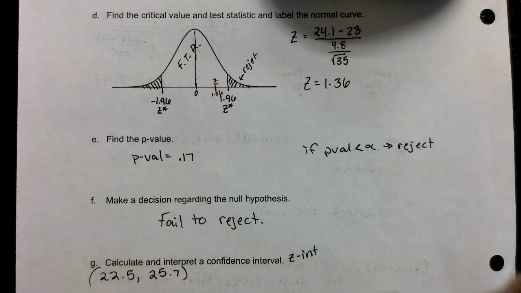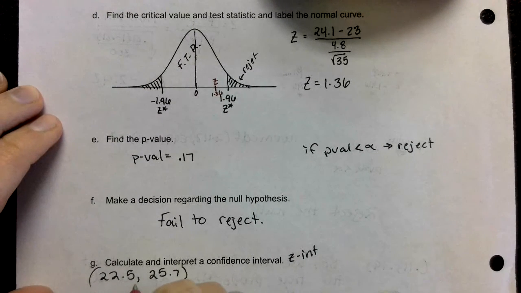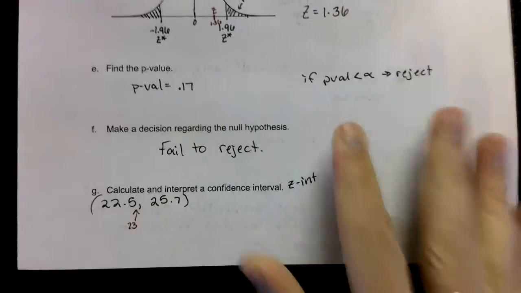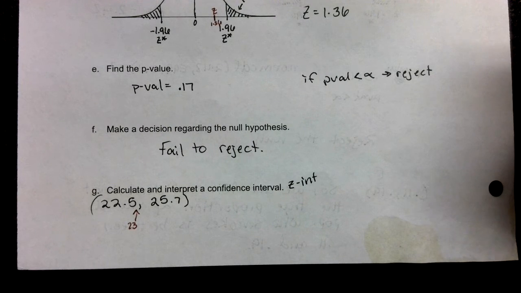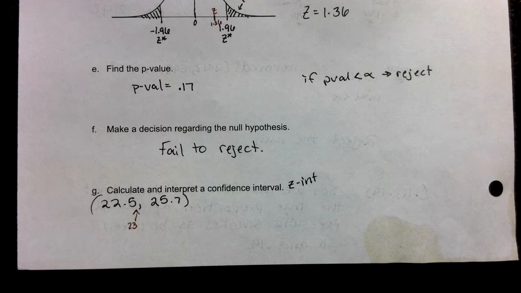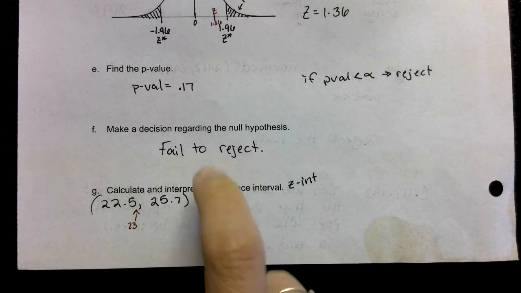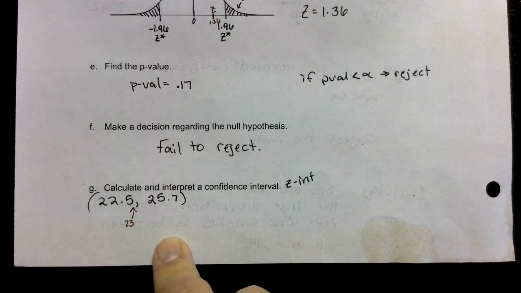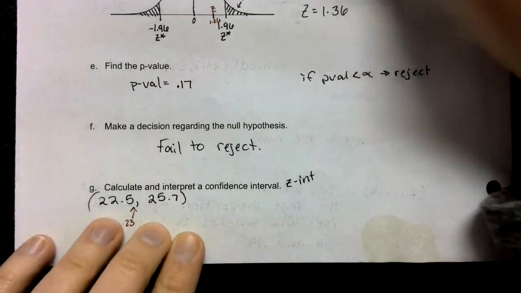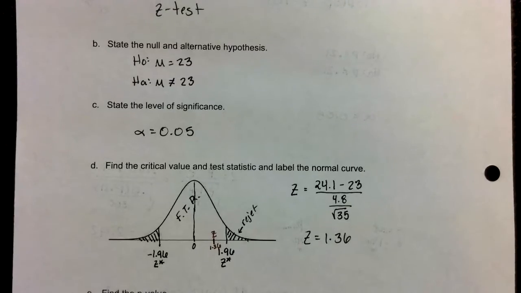The reason that it supports that same decision is because hopefully what you will notice is 23 is in that interval. So because 23 is in that interval, is there a chance that it could actually be 23? Yes, there is, which means we can't reject 23 because it is possible it could be 23 since it's in the interval. Okay, so that's an example of a z-test.